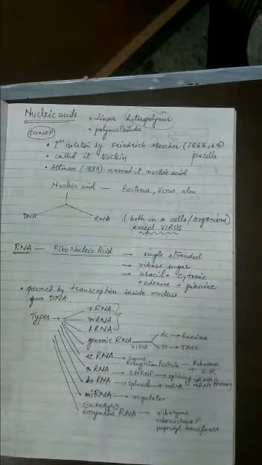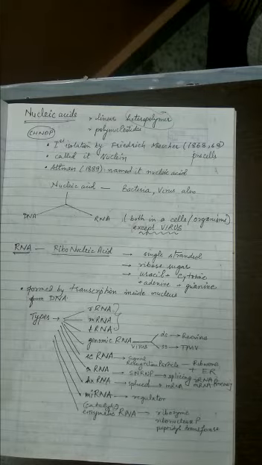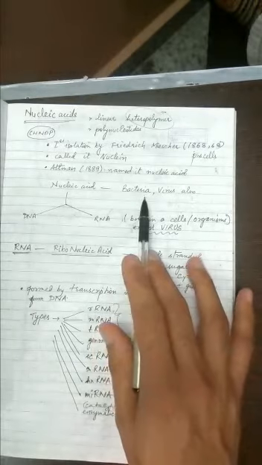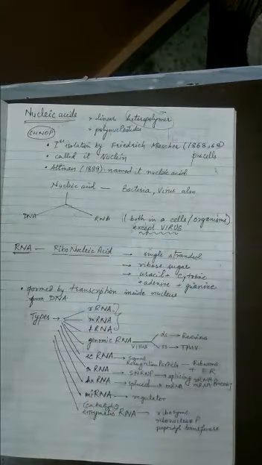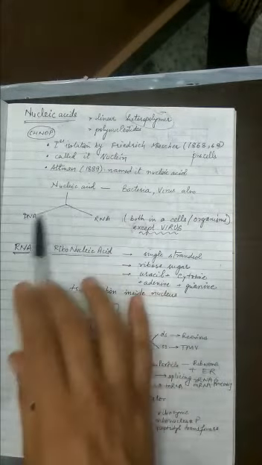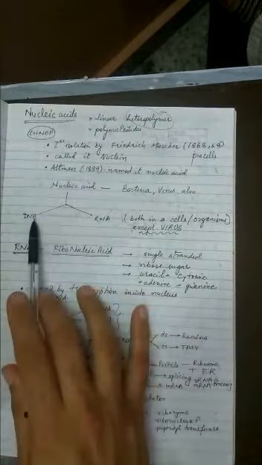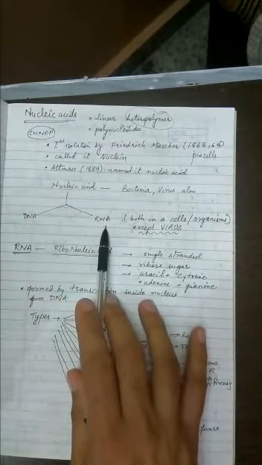So nucleic acid, remember, is present in every living organism. It can be a eukaryote, a prokaryote, or a virus. All of them carry nucleic acid. And nucleic acid is of only two types, either DNA or RNA.